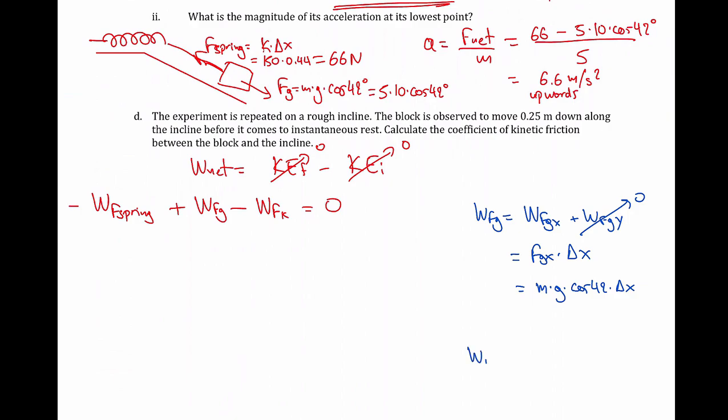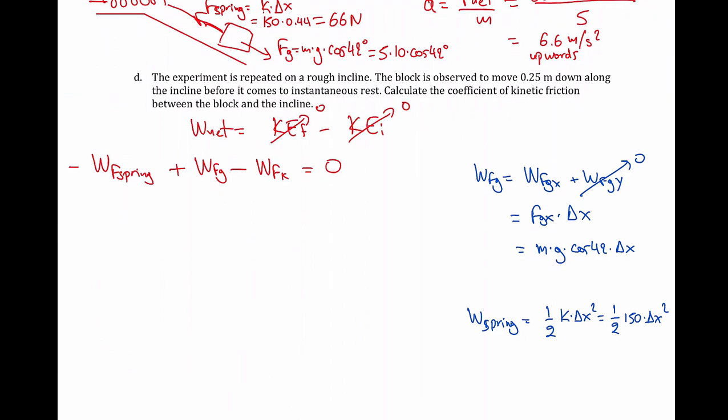Now, the work by the spring force is half kx squared, or half times 150 times the unknown distance to the power of 2. And the work by the friction is friction times distance. I don't need to multiply by the cosine of 180 because I already said that this has a negative value.